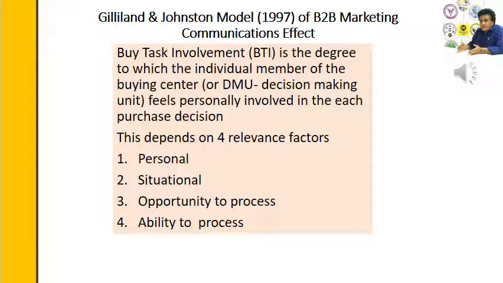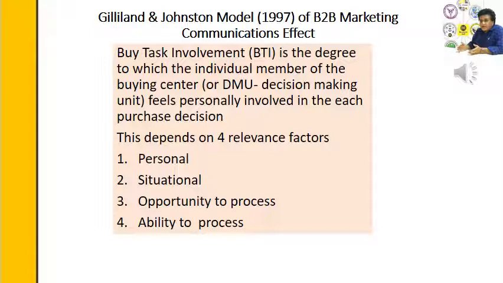Gilliland and Johnston came out with a model in 1997, in which they introduced the concept of buy task involvement, BTI. BTI is the degree to which an individual member of the buying center, also sometimes called the DMU, decision making unit, feels personally involved in each purchase decision.